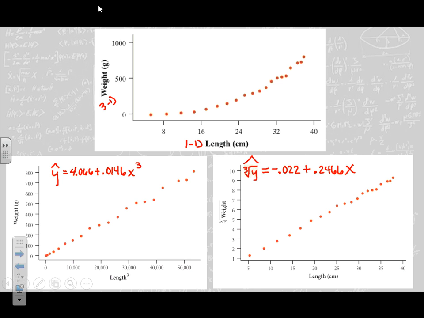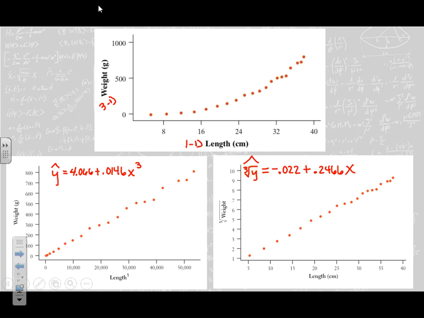We want to get those related, right? But if I have no idea how they would relate, I just know that it's curved, you can just start guessing and checking. Take all your x values and square them. If that straightens it out, perfect. You have your linear model, now you just go from there. Or if it doesn't straighten it out, then you go to x cubed, then the fourth, and so on until you find what works.